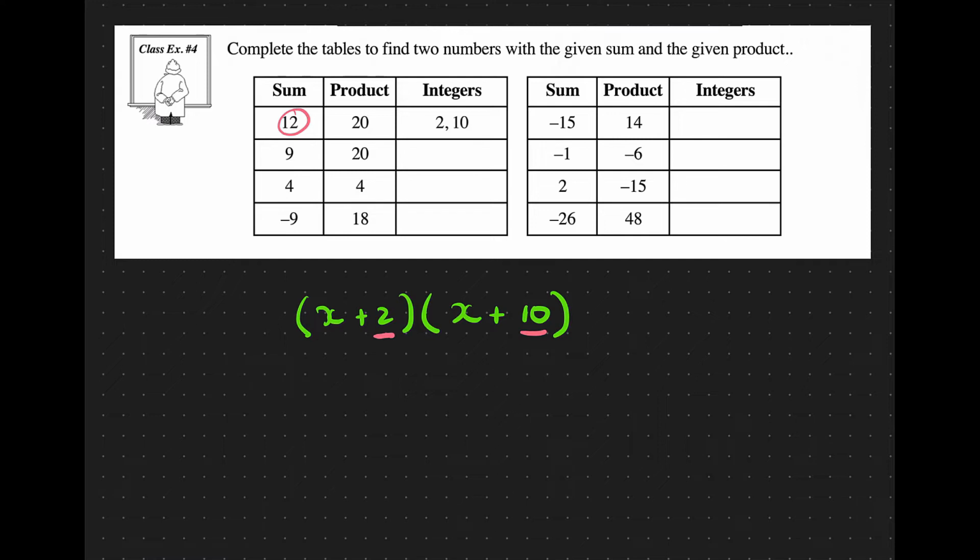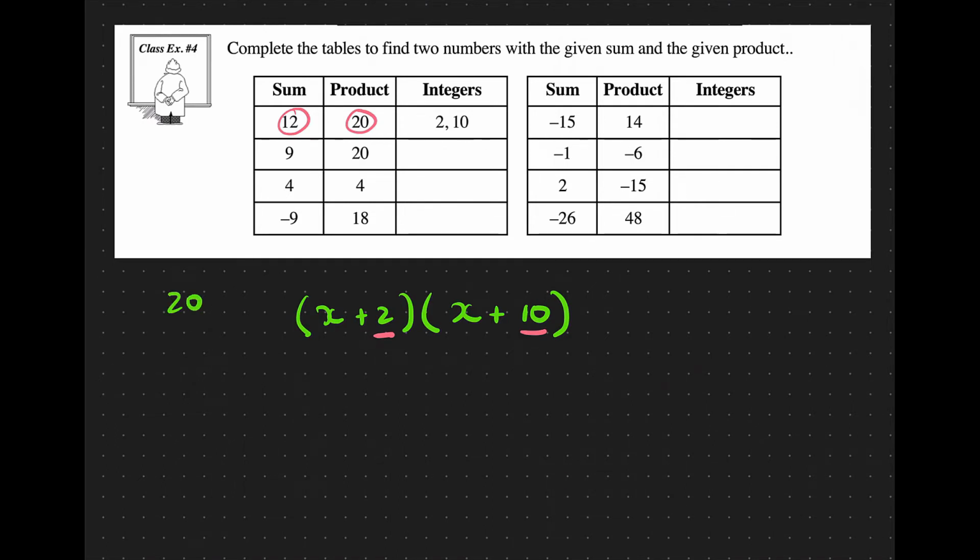And when we take the 10 and 2 and multiply them together, we are getting 20. So we look at the example below, and it's saying find two numbers that will multiply together to give us a positive 20 and add together to give us 9. So we could make a list for ourselves such as this.